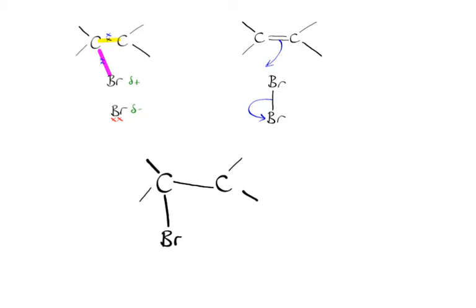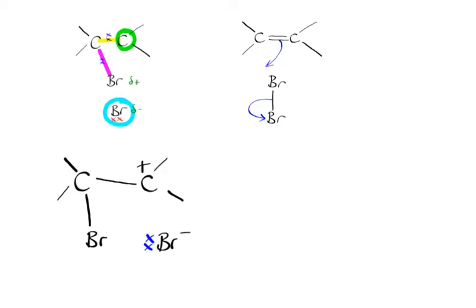The other bromine has gained an electron and is now negatively charged, and the other carbon in the double bond lost an electron and now that is positively charged. So we have a positively charged carbon, a negatively charged bromine.